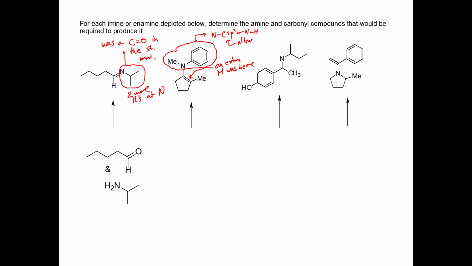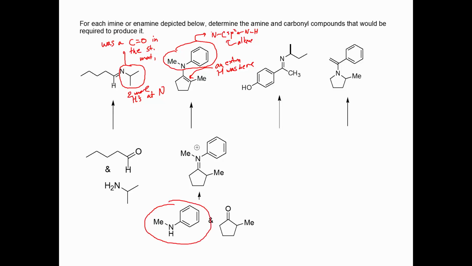Okay, so the compounds that we would need to make this particular enamine are, again, I've drawn here the iminium salt to sort of help you. Okay, the iminium salt was the second to last intermediate in the reaction. And here, if you look at this as being an amine, you can see that you would need this amine and this carbonyl group as a precursor. If you actually did this reaction, there are 2 possible enamines that you could get.